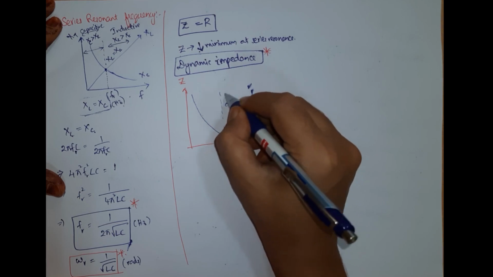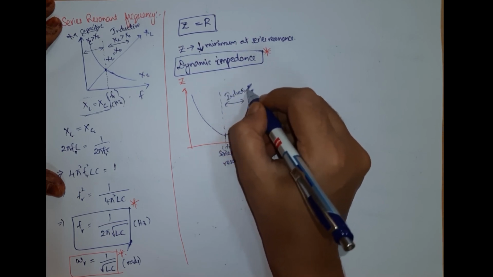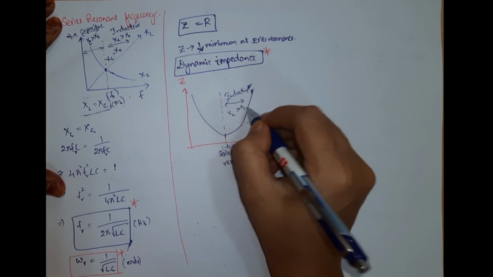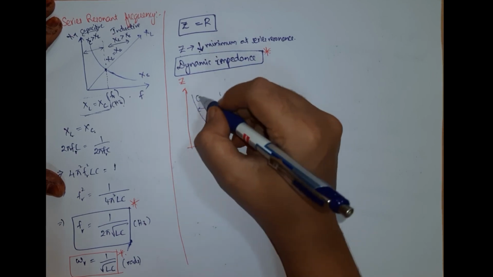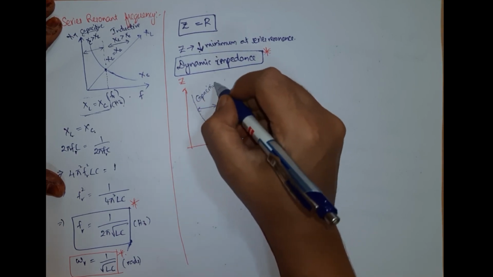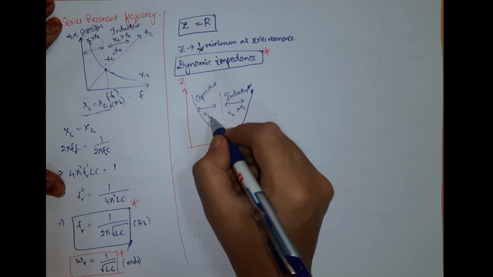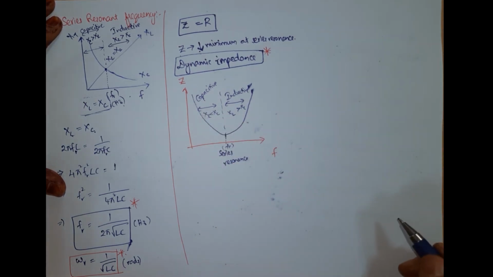This side behaves as inductive, that is XL greater than XC, and this side behaves as capacitive, that is XL less than XC, right?